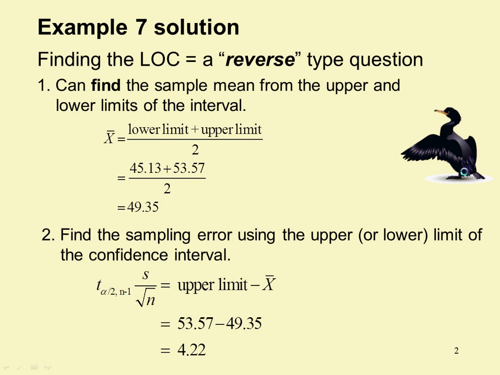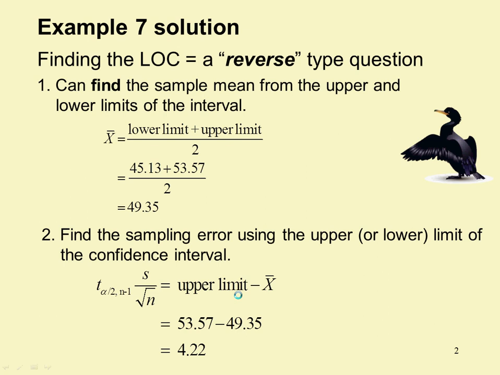If we take the upper limit, which was 53.57, and subtract X bar, we get positive 4.22. Notice if we had the lower limit in here, we'd get a negative value, and I'd rather work with positive numbers, so that's why I've chosen to use the upper limit in this case.